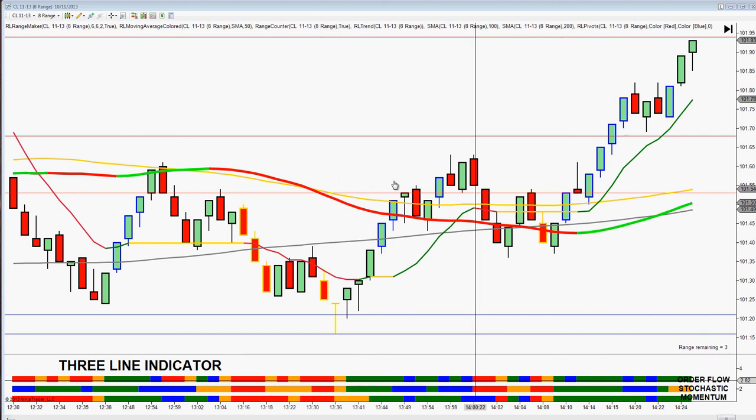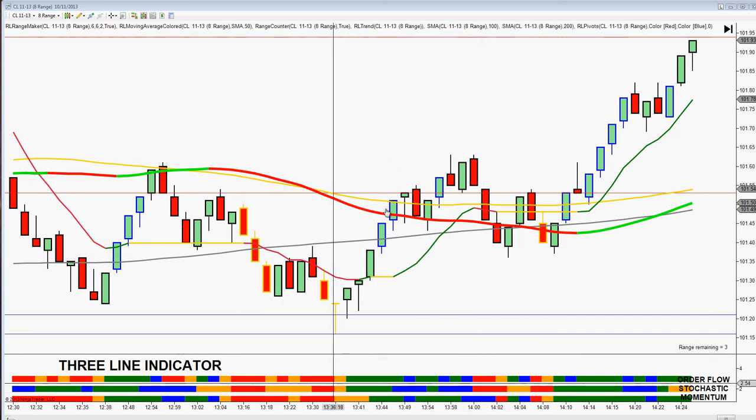So when the three-line indicator is red on either order flow, stochastic, or momentum, you know that on order flow, selling predominates on all time frames. Stochastic is moving to the downside on all time frames.